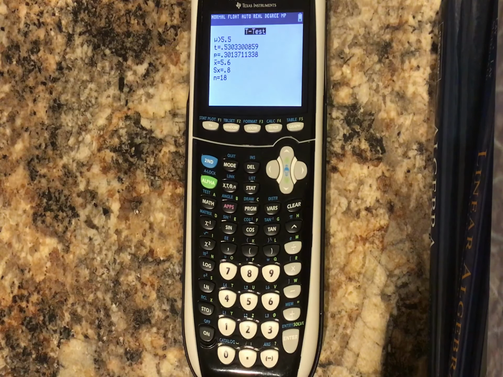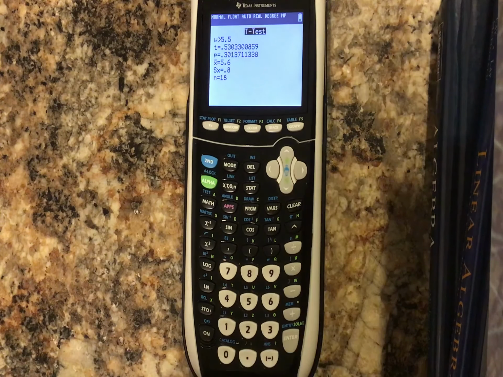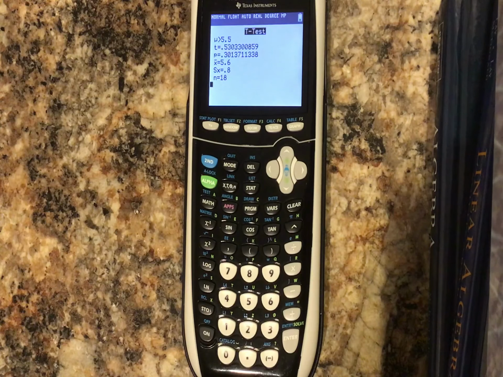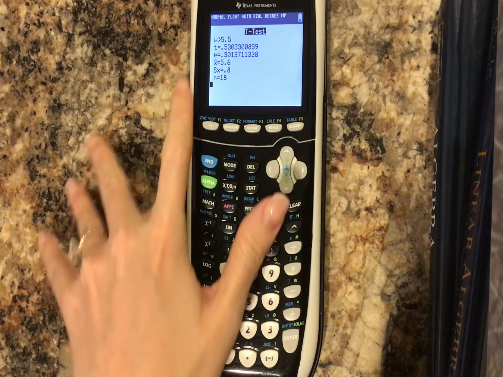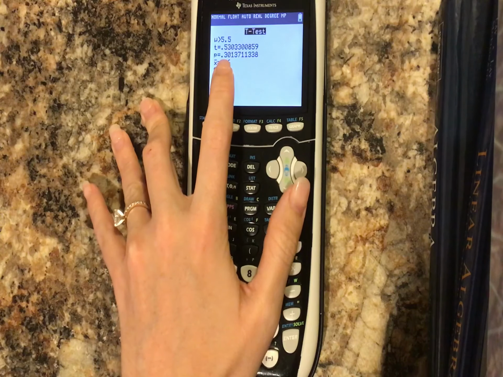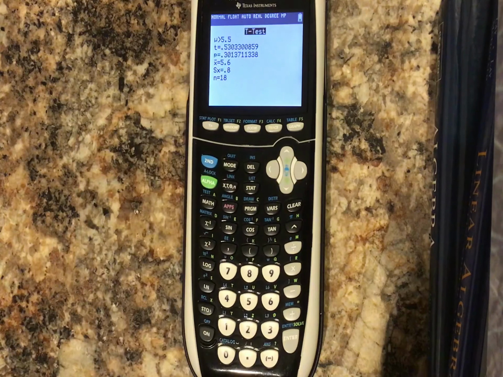Now, in this case, if you look at the problem, we have stated that alpha is 0.01. Well, p being 0.301 is way greater than 0.01. So we know that in this case, we fail to reject the null hypothesis. It's always the case that if p is greater than alpha, you fail to reject. If p is less than alpha, you reject that null hypothesis. It's the same with z-tests and t-tests.